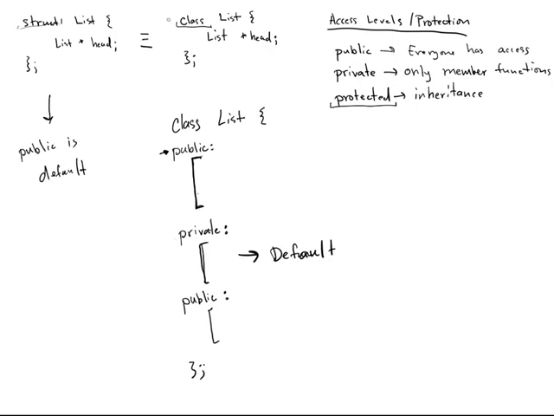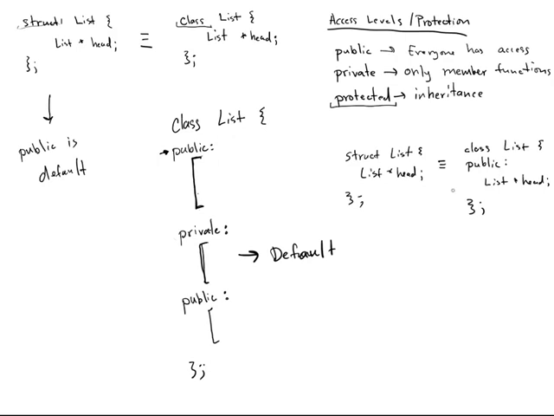So really, a struct list with a star head is the same thing as class list public, list star head. Those two definitions are exactly the same in C++.